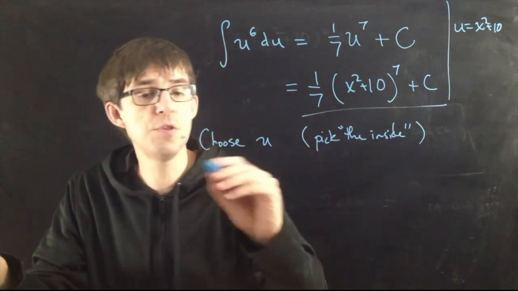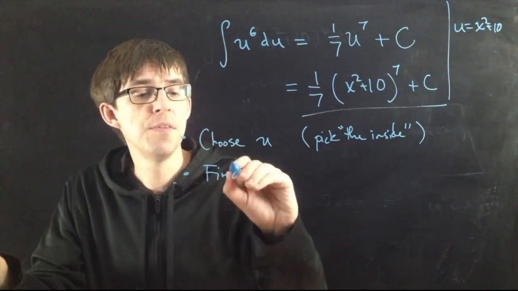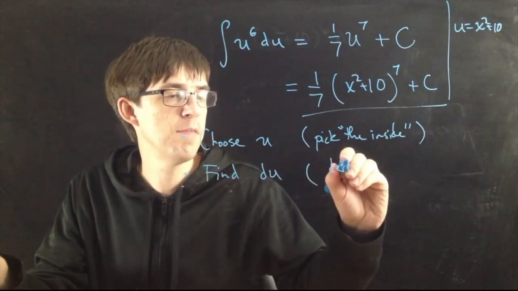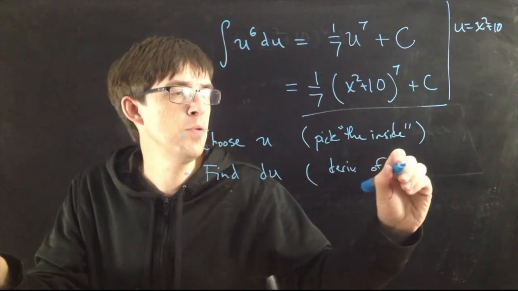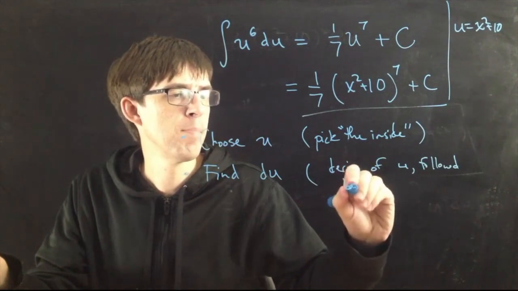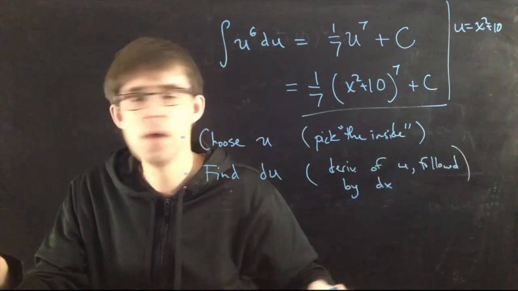Okay, anyway, first you choose the u, then you find the du. How you find the du is it's the derivative of u followed by dx, right?